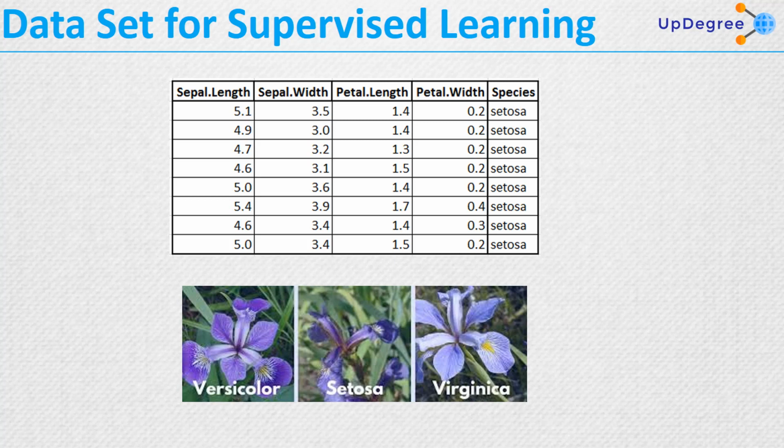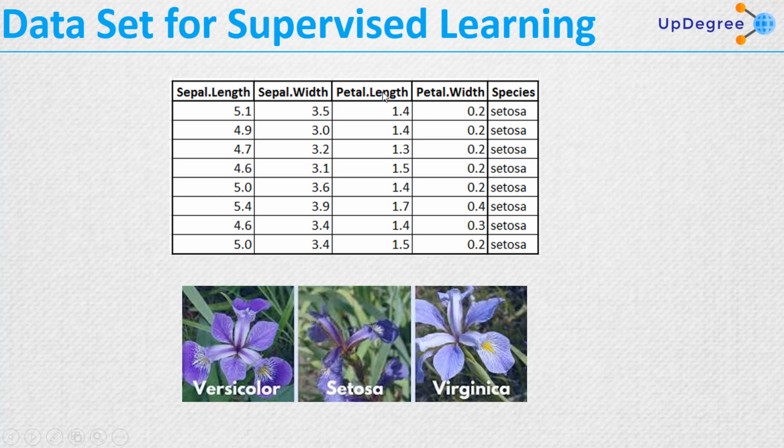As all of them belong to the Iris category, they have very small differences in their sepal length, sepal width, petal length, and petal width. But here we have 50 observations for each of these three categories, and that's why the data set has 150 rows, and it is a very classical data set, well known to all. Here you can find the feature attributes like sepal length, sepal width, petal length, and petal width.